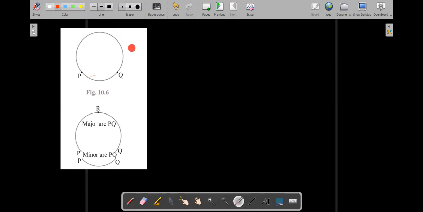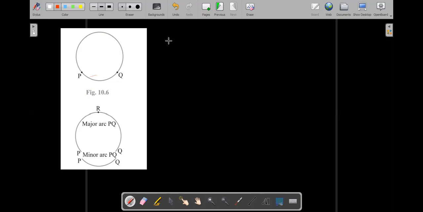This arc, and this arc. Whichever is big is called the major arc, and this is small, so it is called the minor arc. So major arc and minor arc.